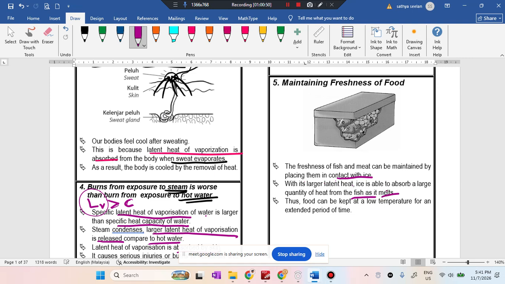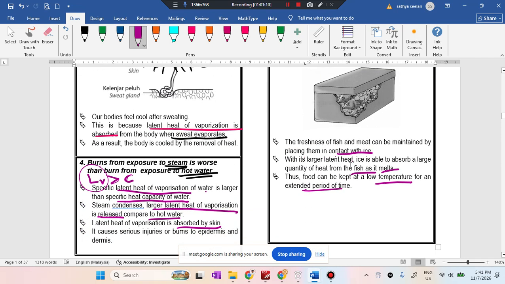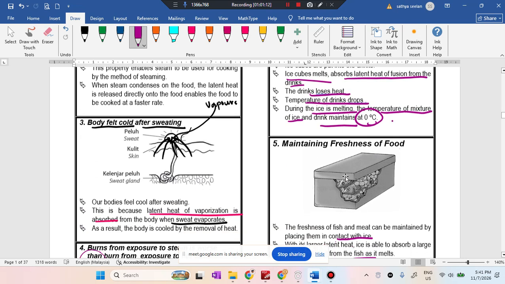Masa dia melting, masa itulah dia serap lagi banyak heat energy from the fish. So your fish loses heat. Maksudnya your fish is kept in the low temperature. So food can be kept at low temperature for an extended period of time. And then if you add impurities, it's further down the melting point.